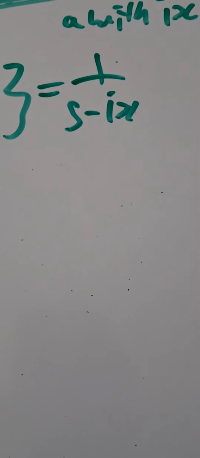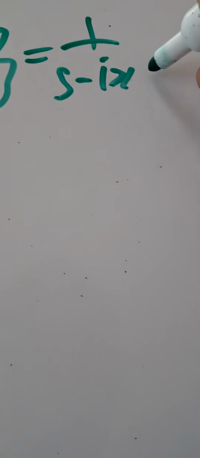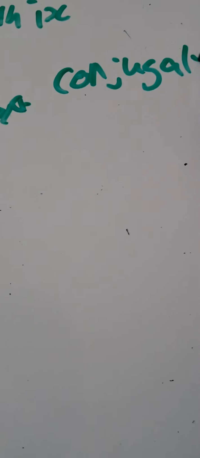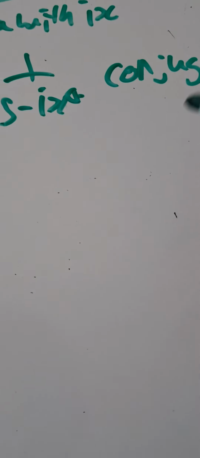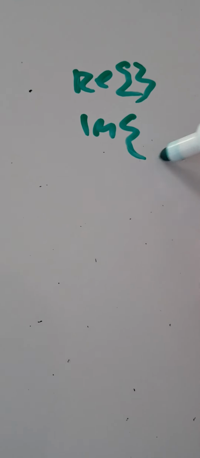Now I don't really know what to do to simplify this other than multiply by the conjugate, because I want this in a form where I can take the real and imaginary part of whatever I get.